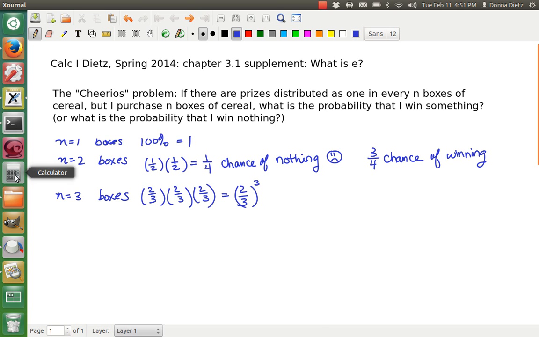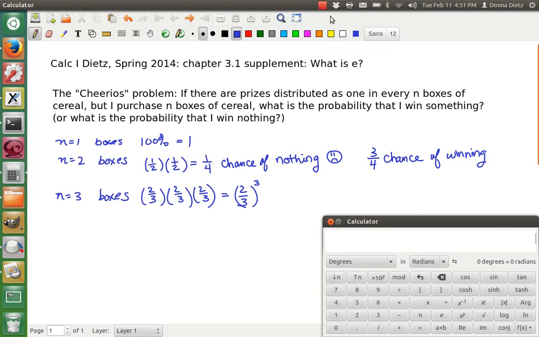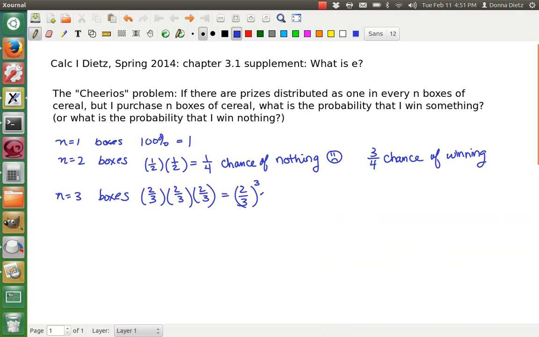So what is this probability? Let's say we have 2 divided by 3, and then we raise it to the power of 3, and so we're talking about 30%, or 0.3. So that's your chance of winning nothing, and your chance of winning is 1 minus this value, or approximately 0.7.